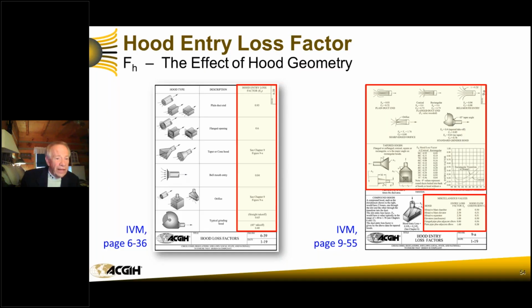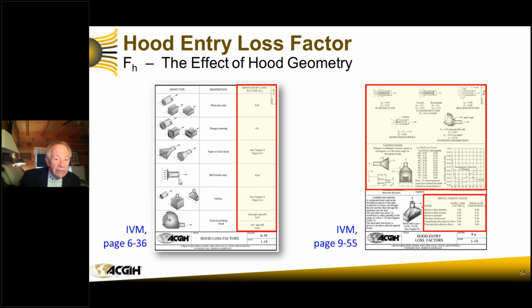If we look here, this is the shape of a ball right here, or a teardrop here in the backside. This is the most efficient entry that you can do aerodynamically, and the losses are almost insignificant, 0.04 times the velocity pressure.